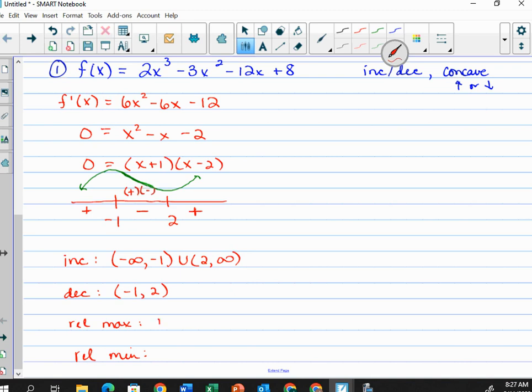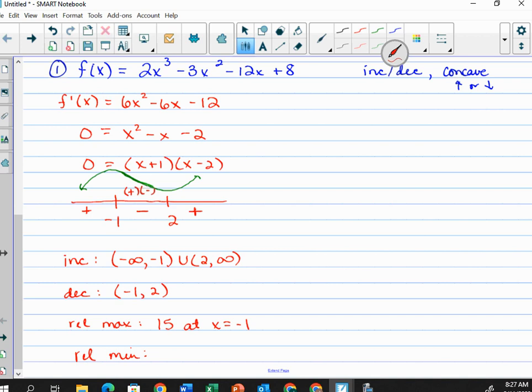So you've got a relative max of 15 at x equals -1. Plug it into the original, because the little green squiggly graph is a cubic function, and that's what our original was. We're finding the maximum of that. If you plug it into the derivative, you're just going to get 0 every time.